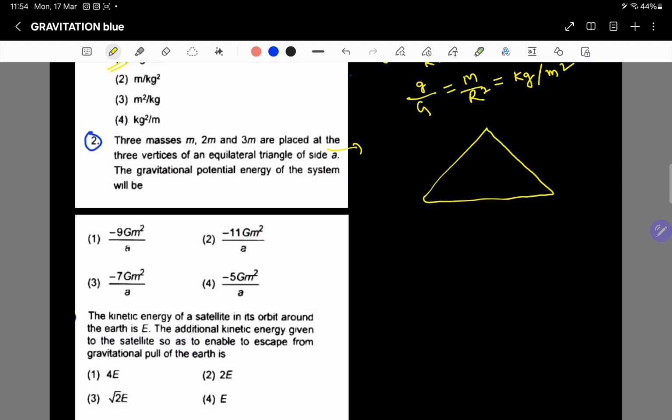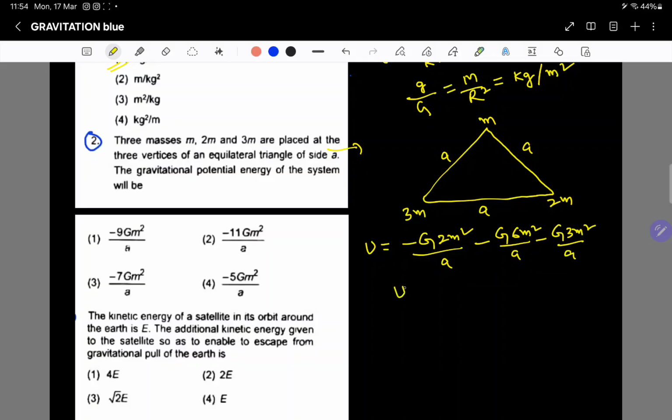The potential energy of the three particle system is minus G m1 m2, that is 2m square, by A, minus G 2m into 3m, 6m square, by A, minus G 3m into m, 3m square, by A. Easy, students. 6 plus 2 is 8, 8 plus 3 is 11, so minus 11 G m square by A, the second option.